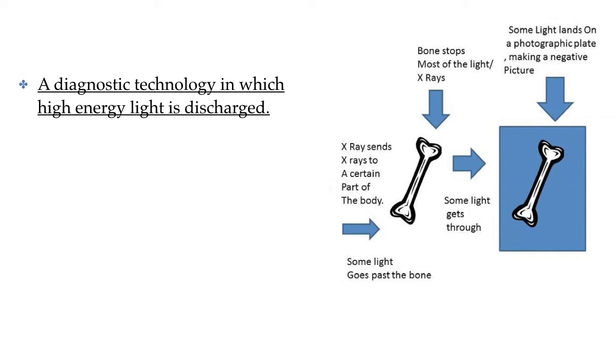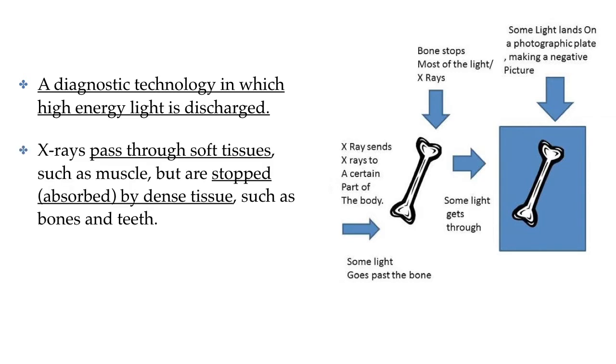And so the way that it works is the X-rays will pass through your tissues, but not equally. See, X-rays can easily pass through soft tissues. Soft tissues are things like skin, muscle, tendons, cartilage, things like that. But they're going to be stopped by the most dense tissue. The more dense tissue are bones and things like teeth.